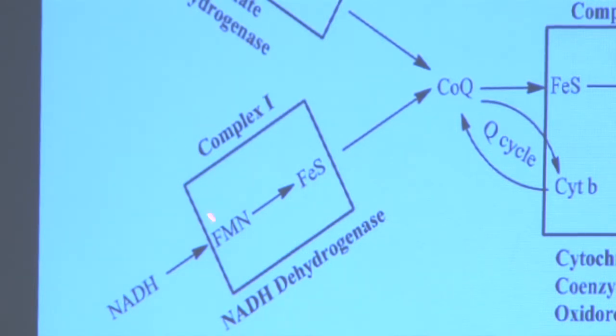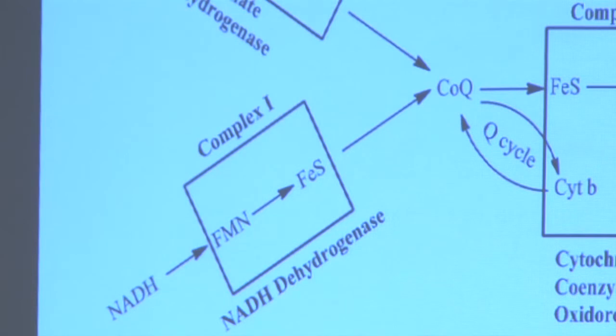A lot of the carriers throughout the process will carry either 2 electrons or only 1 electron at a time. When you see a cytochrome, what is a cytochrome? It's kind of like heme, and what's at the center of it? We've got some iron at the center.